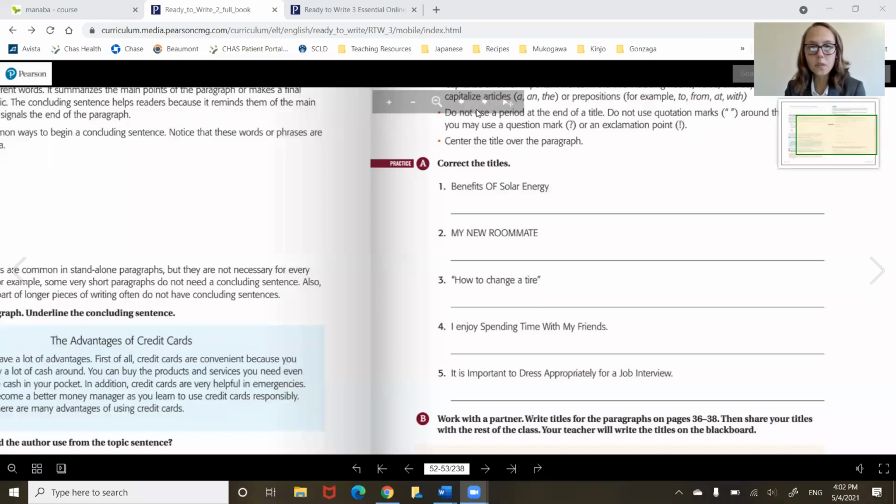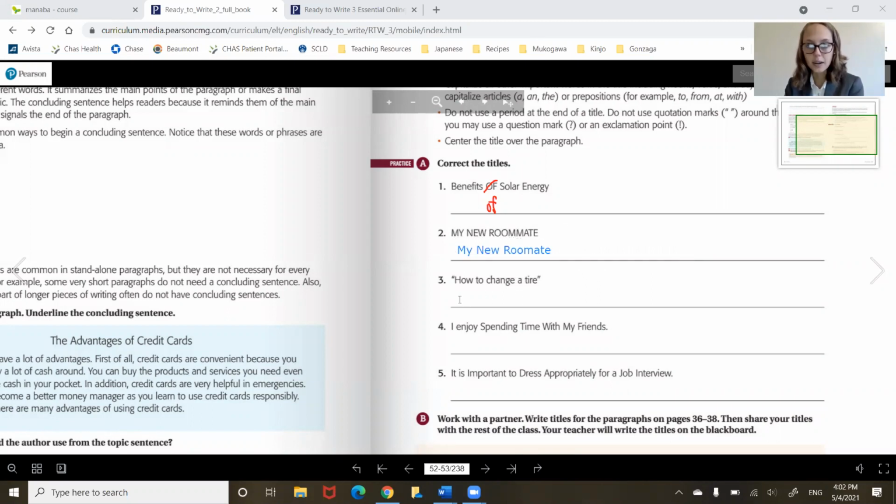For number 1, benefits of solar energy. So maybe you have that this of needs to be lowercase because it is a preposition. Benefits of solar energy. 2, this one needs to not be all capitals. So my will be capital because it's the first word, and then new because it's an adjective, and roommate because it is a noun. These are all important words.